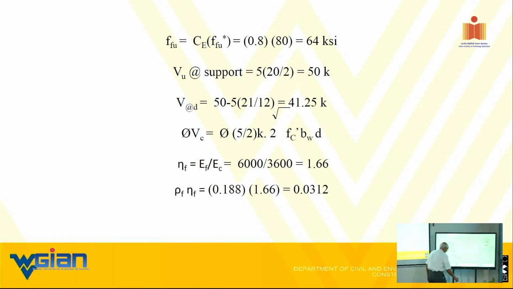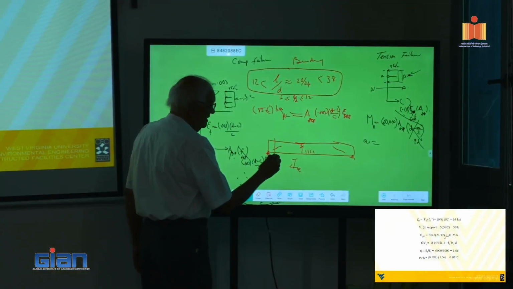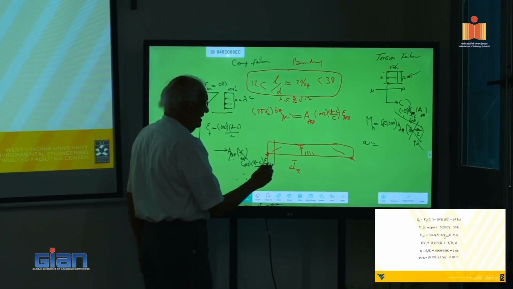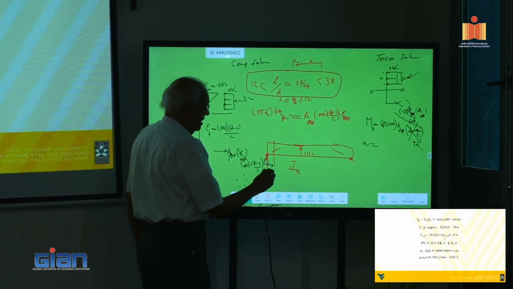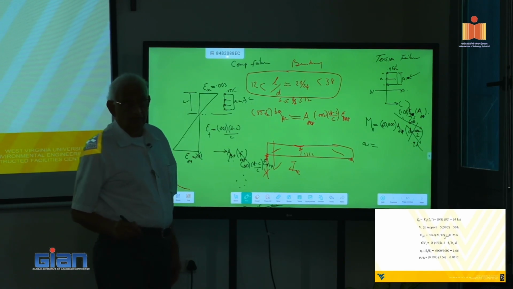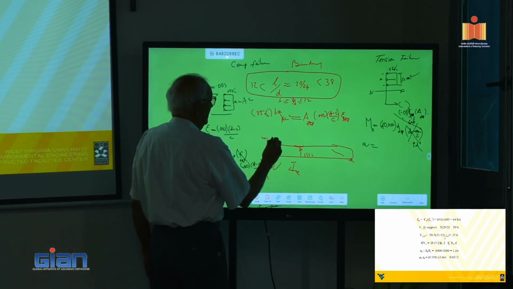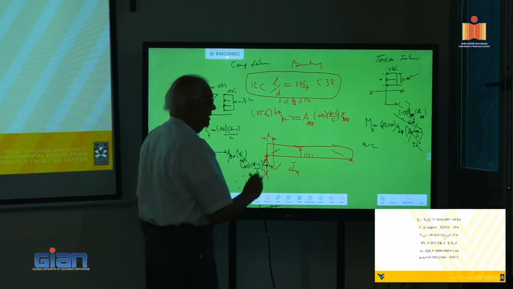If I have a beam, what did we say just now? Critical section is not here. We are saying critical section is there, right? But that is at a distance D, where D is the effective depth, correct?